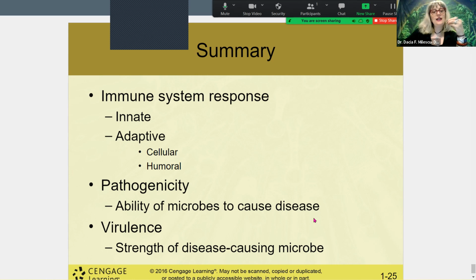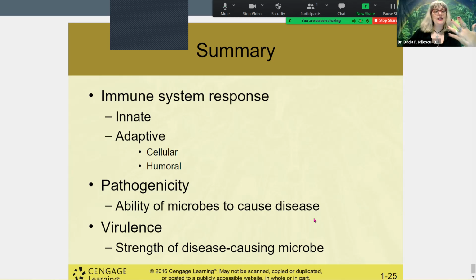So pathogenicity is the ability of microbes to cause disease. Make sure you remember that we had endotoxins and exotoxins. We have bacteria that produce endotoxins within their cell and exotoxins, meaning the bacteria release toxins that are very damaging to the body, causing bacterial endocarditis, glomerulonephritis, things like that.